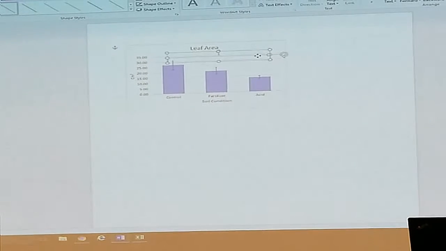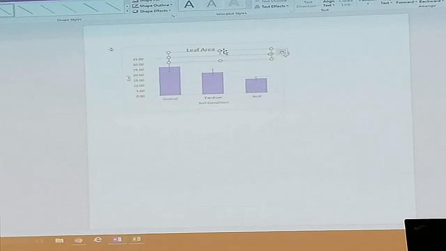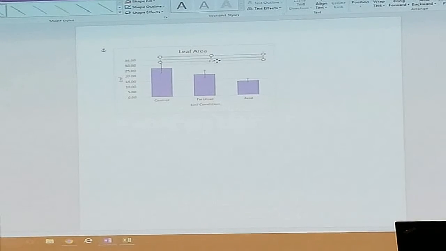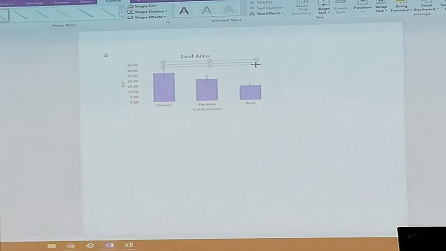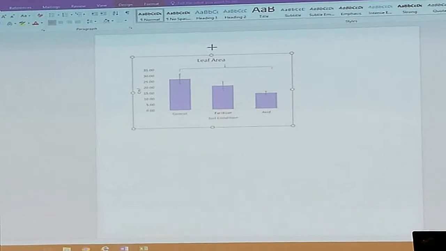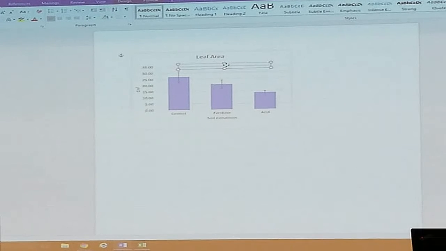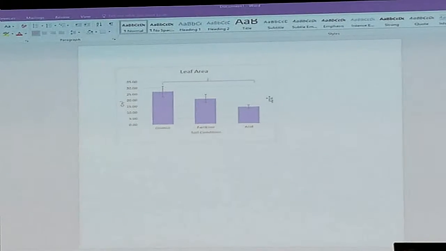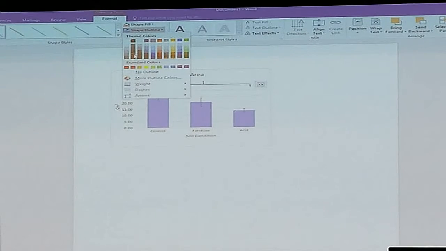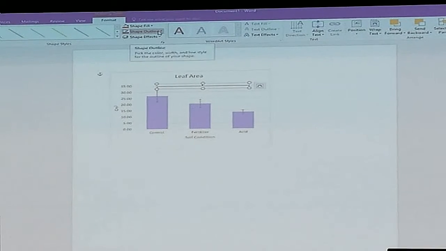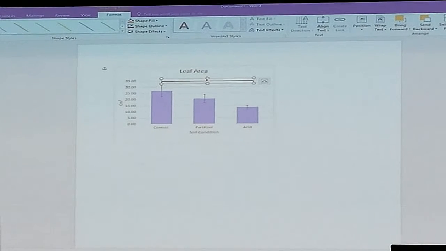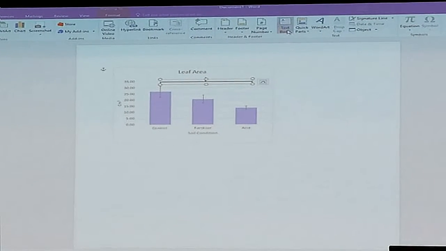So we said the difference here between these two, right? I'm gonna make this a little bit bigger. So here is the comparison. I'm gonna make this a little darker and easier to see. Here's our badge of honor right here.